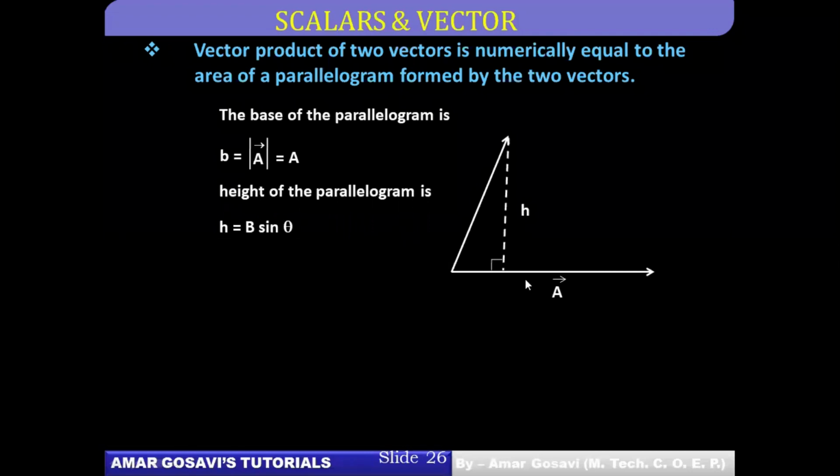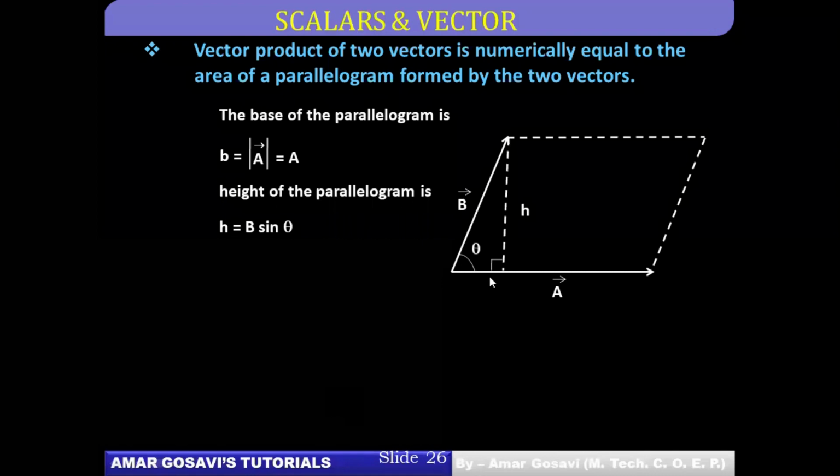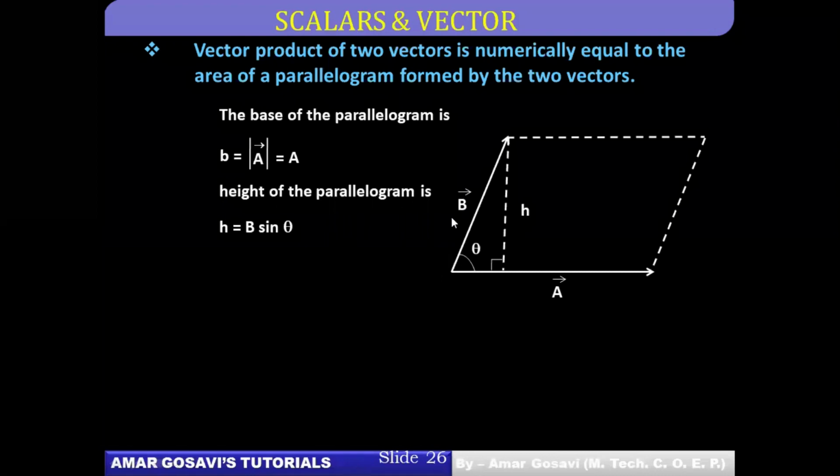Now if this vector is A, obviously the adjacent vector will be B. If this is B, this angle is theta, this is a right angle triangle. So by trigonometry I can say h is B sine theta. So height is B sine theta, friends. Base is A, height is B sine theta.